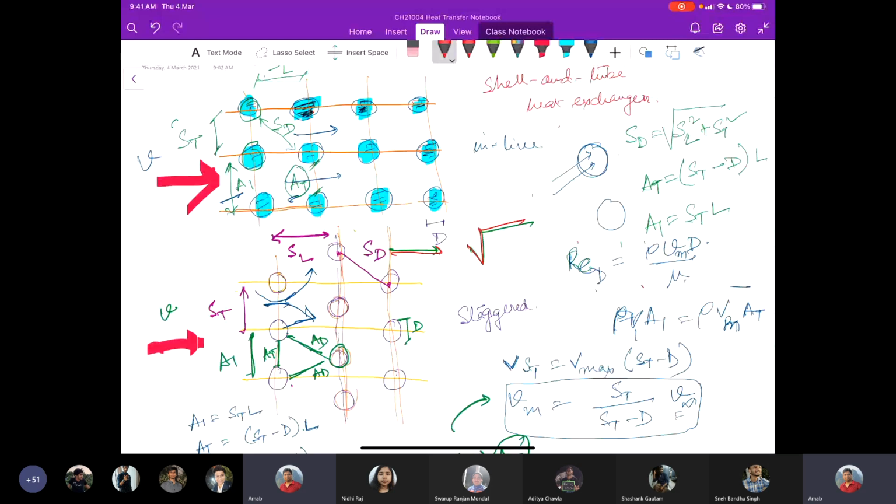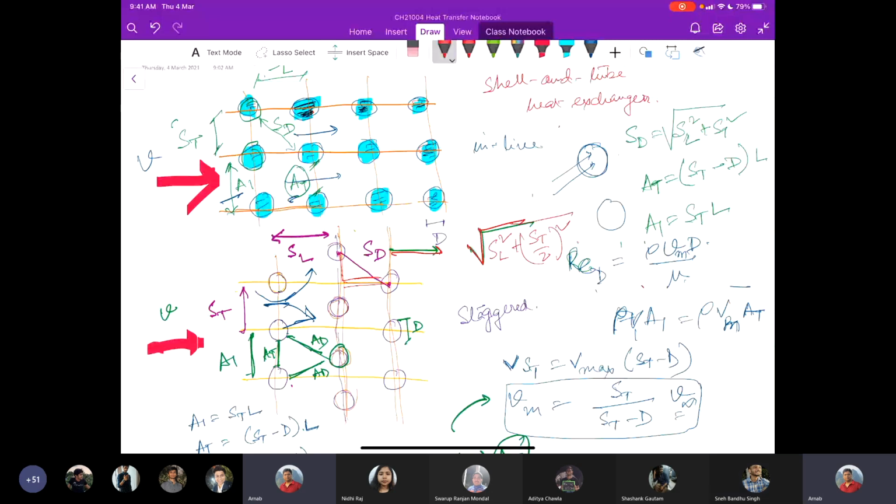Sorry, so this is half of the ST that will be here, and SL remains the same, right? So SD is the square root of SL square plus (ST by 2) square. Agreed?